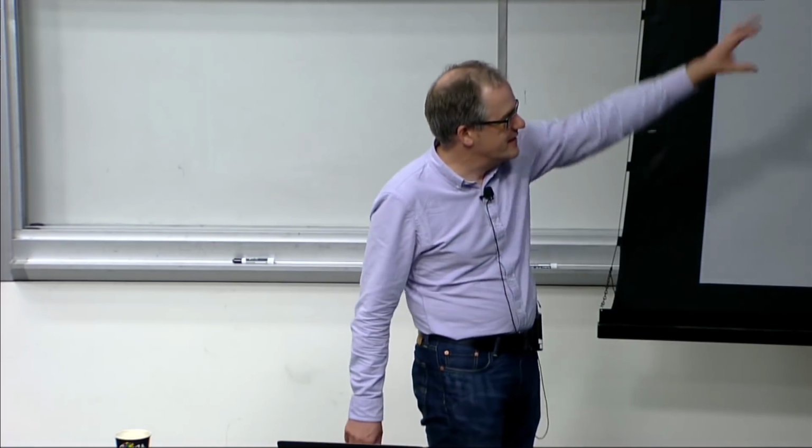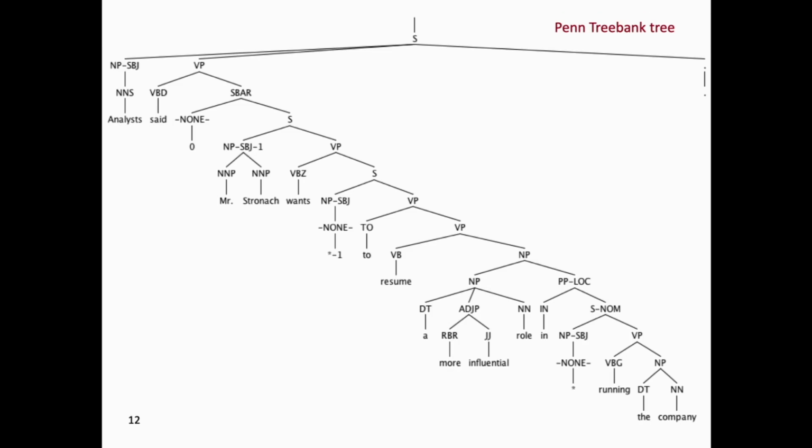So that's a sense in which it does appear to be a recursive generative process, even though practically there are limits to how complex sentences people say. And so that's the kind of structure that gets captured in these constituency structure trees.